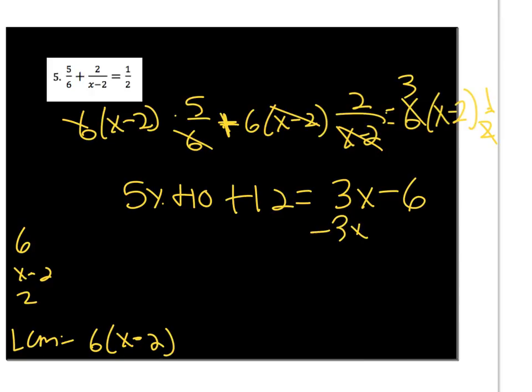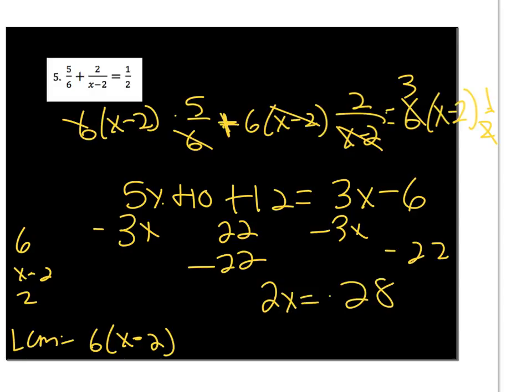You know, subtract 3x, subtract 3x. This becomes 22, but I'm going to subtract 22. So that becomes 2x equals negative 28. So x should equal negative 14. There's my answer. Take a second, look and see what I did.